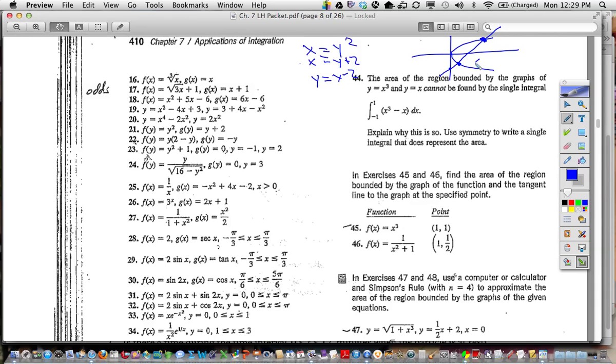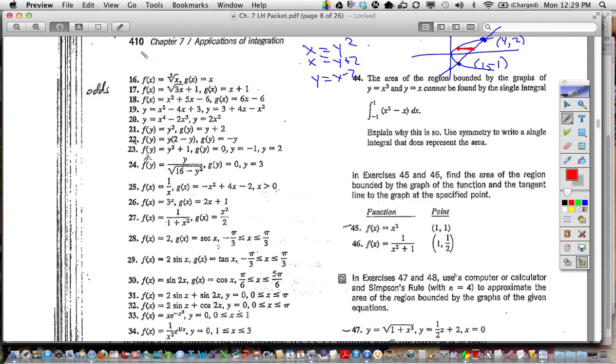I think it intersects at 1, negative 1 down here, and then up here at 4, 2. All right? So this could best be done with horizontal strips. Otherwise, you'd have to split it into 2 parts.